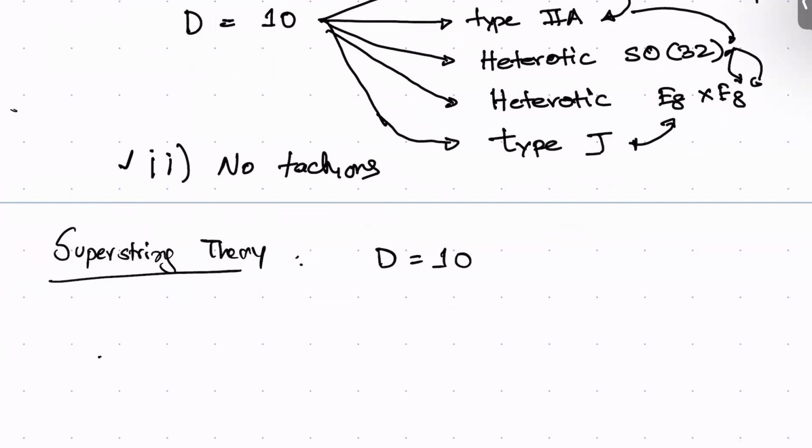If you have a theory in 10 dimensions, what you do is, this is not a similarity sign, I'm writing the product manifold, M4 cross X6, where X can be any 6-dimensional manifold.